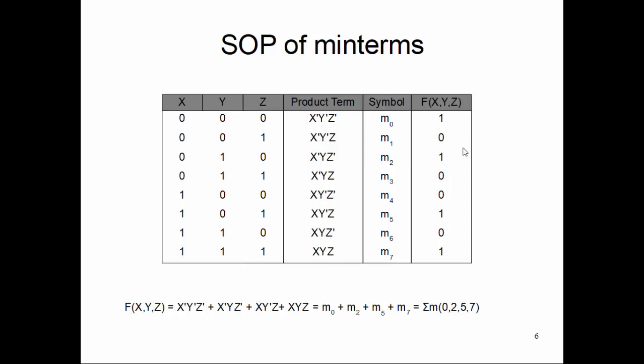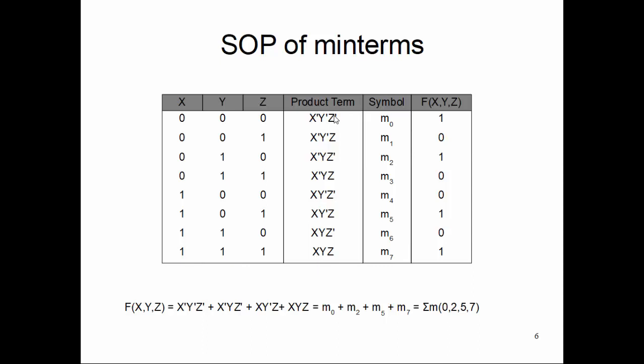And then we introduce something called a product term. A product term we define like this: we will use the complemented form of that variable if its value is 0 and the uncomplemented form of that variable if it is 1. So for 0 0 0 we came up with x bar, y bar, z bar.